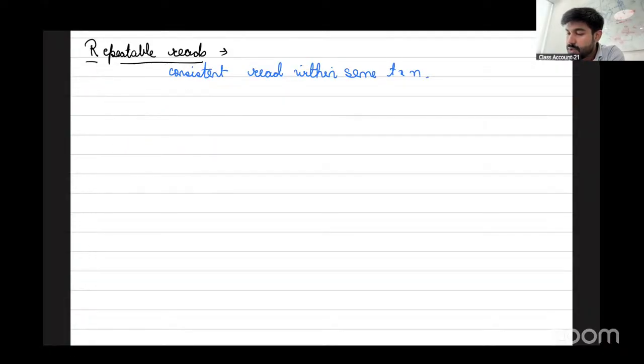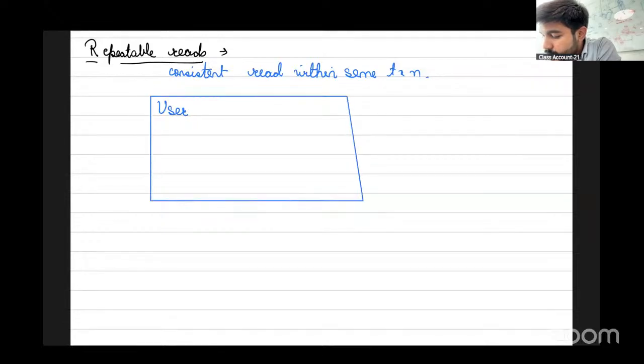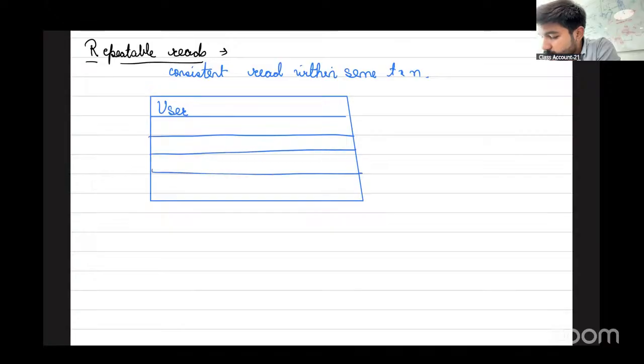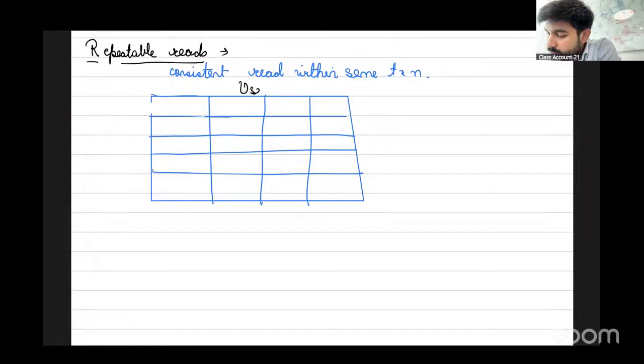Let me just tell you. Let's say this is the user table, and we have the information of two folks. The name of the table is user table.